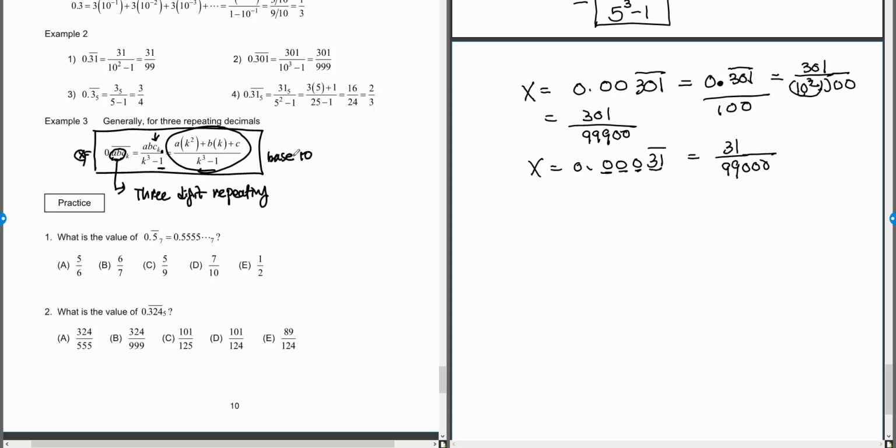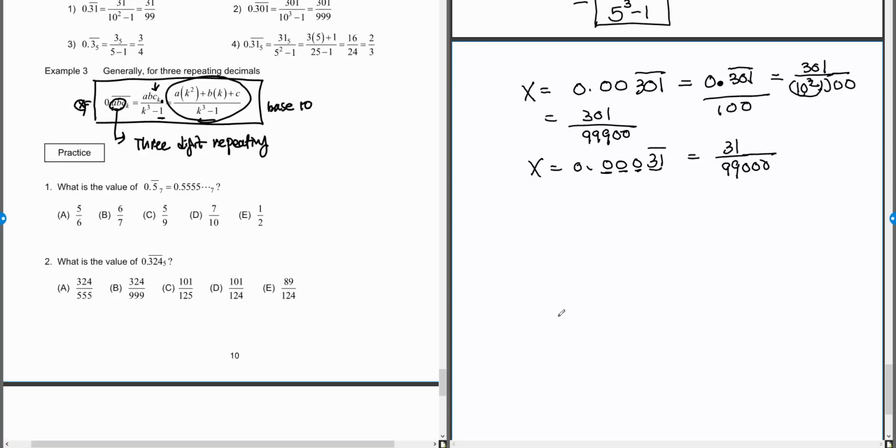Okay? Now we're going to have some practice. Number 1. What is the value of 0.5 to the base 7, repeating? The idea is we're going to do it one by one, okay? So x equals 0.55 repeating, which is actually 0.5555.